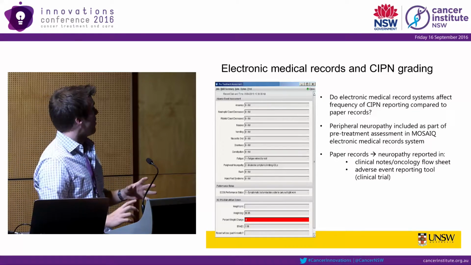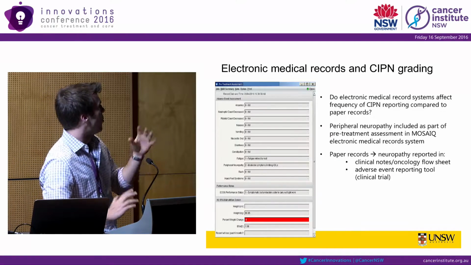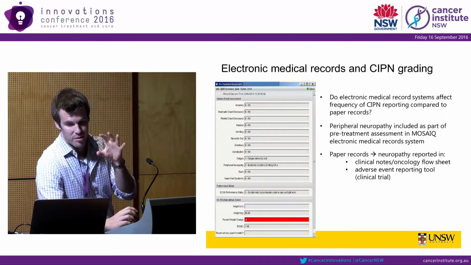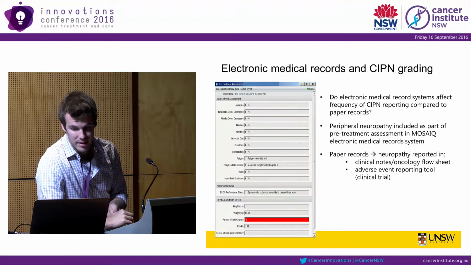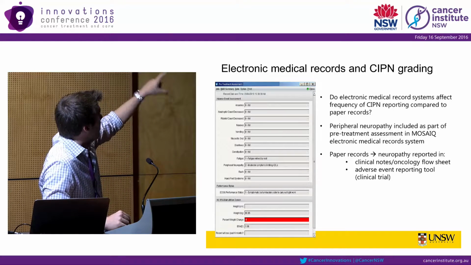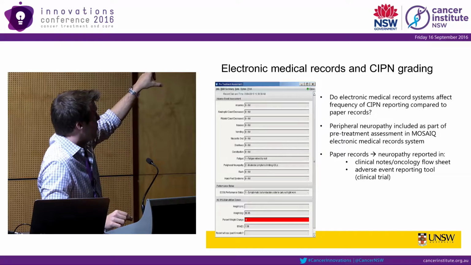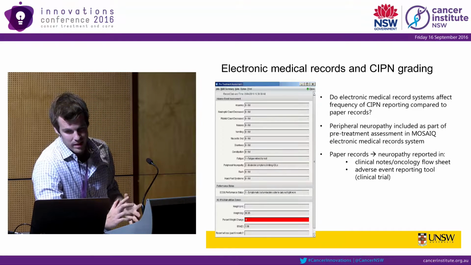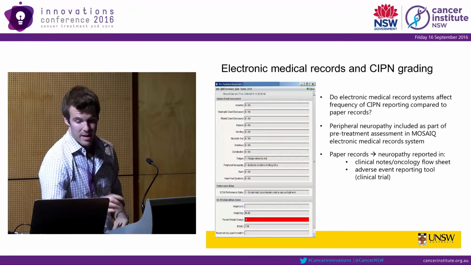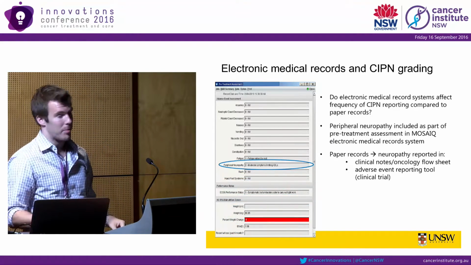One more bit of background, looking more generally at electronic medical records and CIPN reporting. Peripheral neuropathy has recently been included as part of the pre-treatment assessment, which is this box that I've screenshotted here on the right, as part of the Mosaic electronic medical record system, which is in use at Prince of Wales Hospital. This is not a mandatory input.